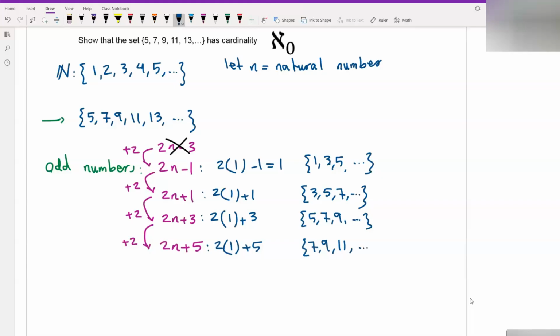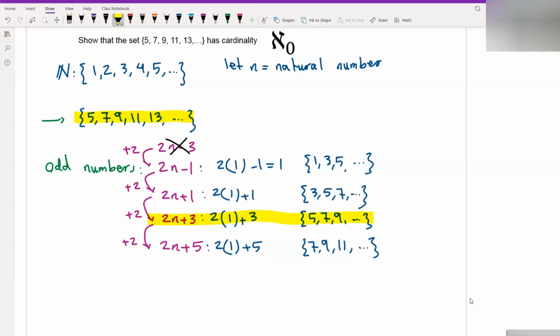Based on what I have here, I can find what our function is. Here we should have 5, 7, 9, 11, 13. The only one that has the same numbers is this one, 5, 7, 9, and that was based on what they had here. It's 2n plus 3.